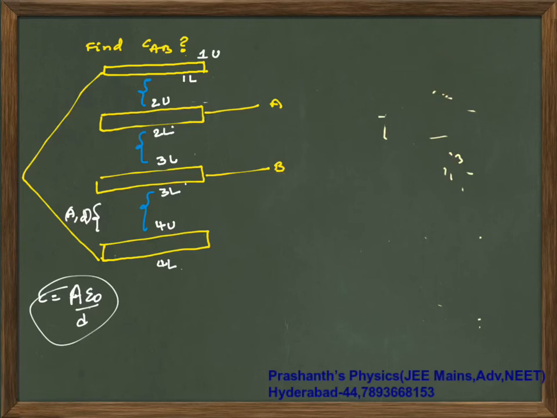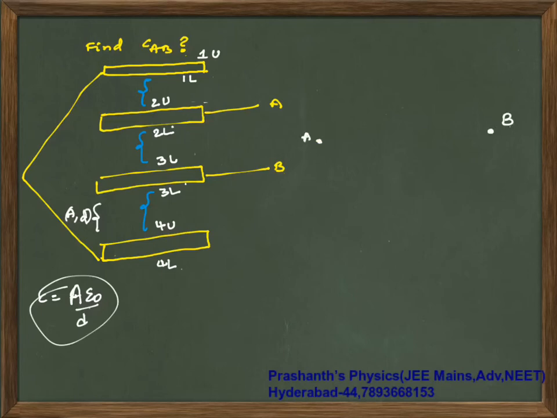First of all, get convinced of the fact, which we have studied in electrostatics, that two metal plates placed at some distance like this form a capacitor configuration. Now I am going to draw an equivalent diagram. First I want the capacitance between A and B, so I will mark points A and B like this.